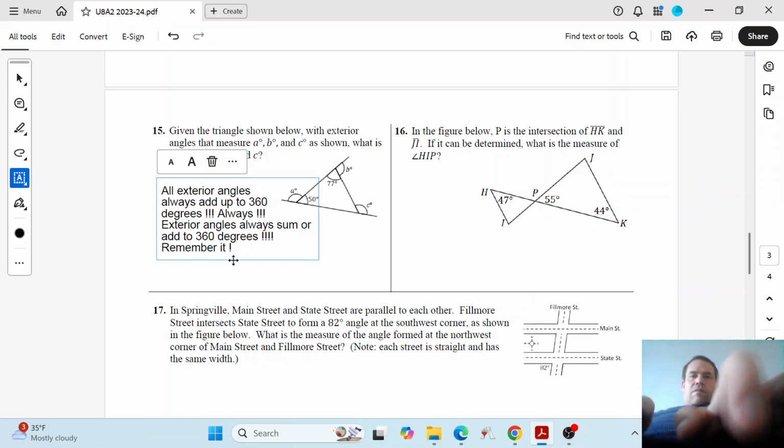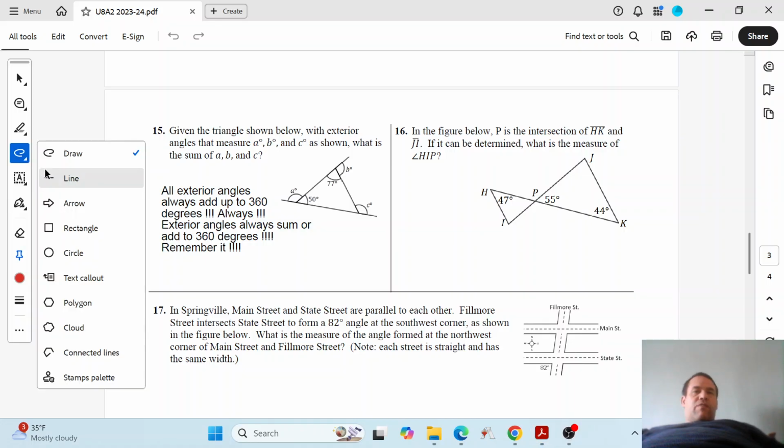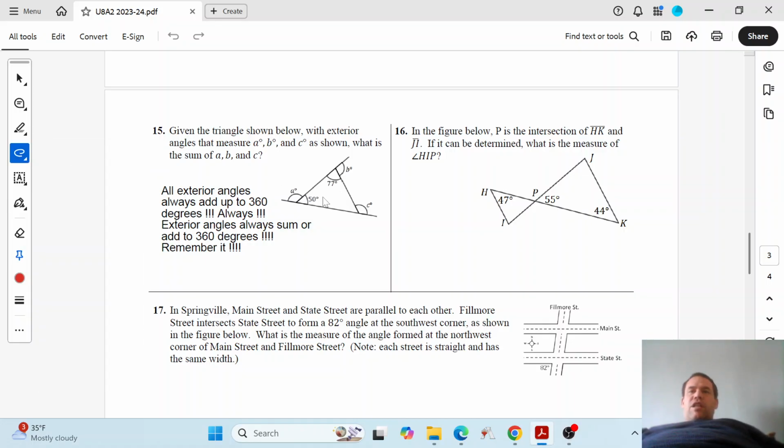Remember it? Cool. So if they're asking you what A, B, and C are, they should add up to 360 degrees. You don't even have to worry about the other angles. I mean, we could prove it. So 50 and 77, when you add those together, we get 127.